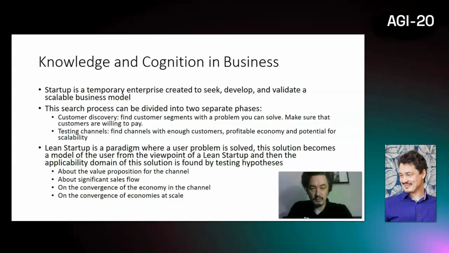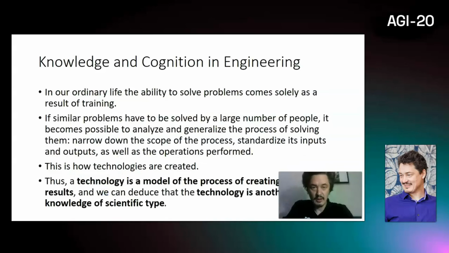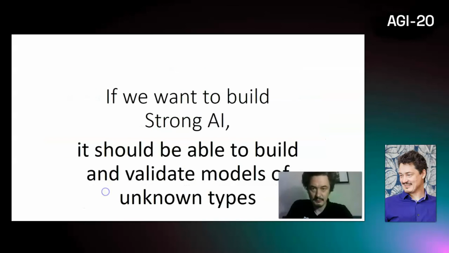For example, business is also structured like that, and startups are the means of generating business knowledge about new areas. The same way engineering works, and engineering knowledge is very similar in structure to scientific knowledge, although it's still different, but the structure is the same.